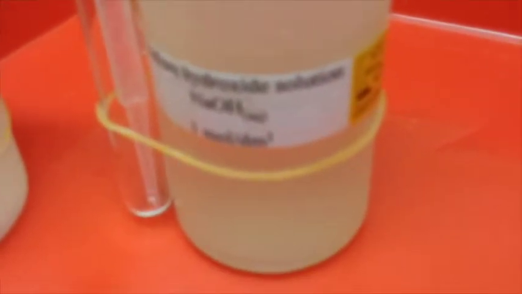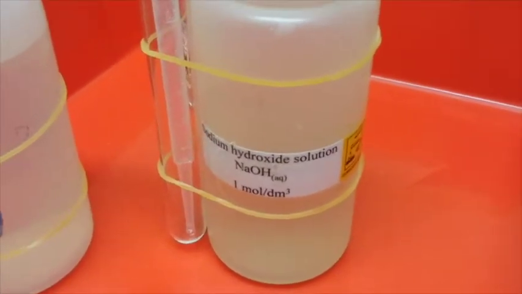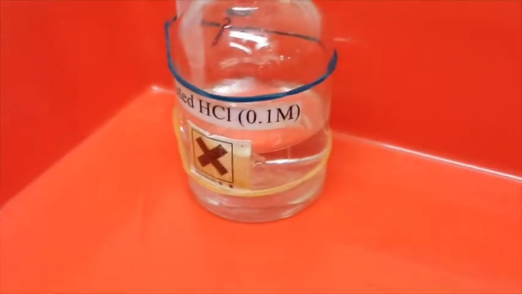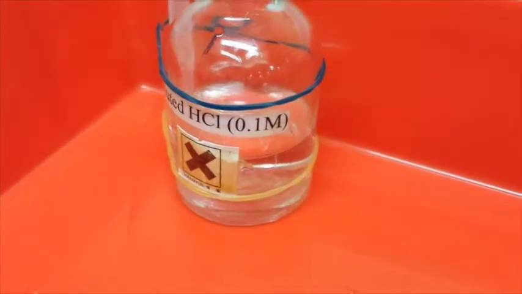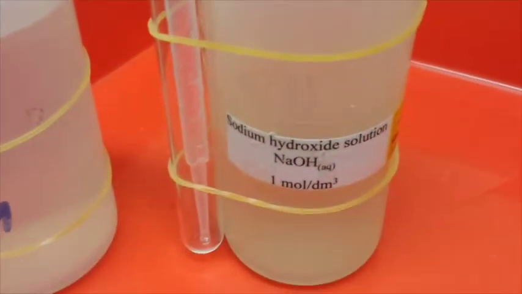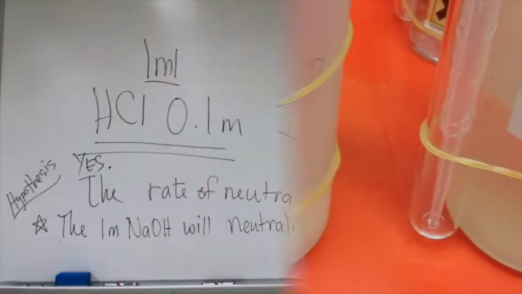The 1 mole sodium hydroxide will neutralize the 0.1 mole hydrochloric acid faster, because the 1 mole sodium hydroxide is more concentrated than the 0.1 mole sodium hydroxide.